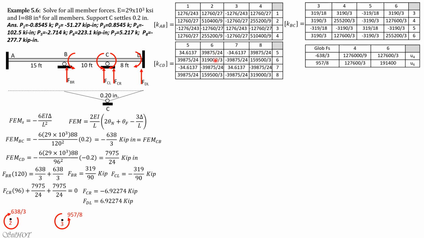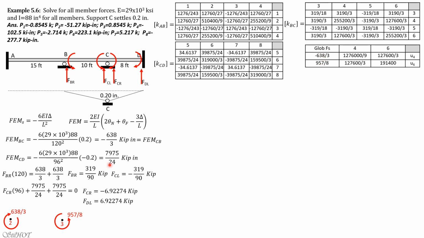Copy. 4 times 29,000 times 88 divided by 96. That's the result. The negative of that value. Then this is half of this value here. Negative of row 1, then row 2 with columns 2 and 4 interchanged values. So that's it.